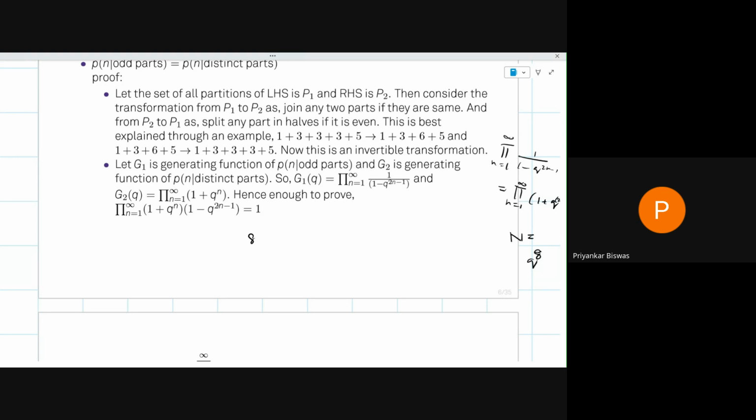We want the coefficient of q power 8, and here we have got this expression.